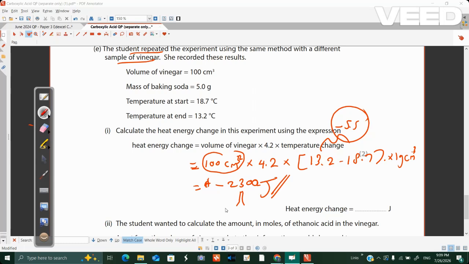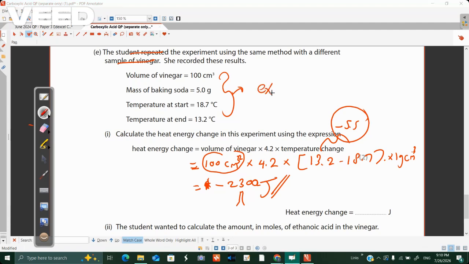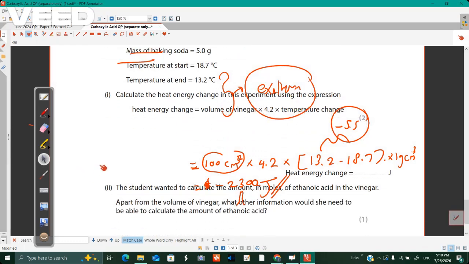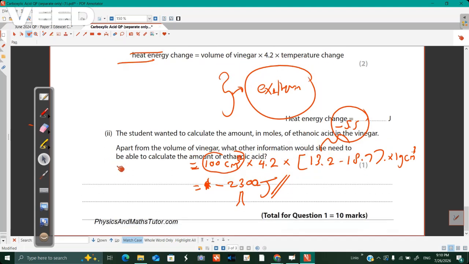Is that the value you got? So in the second experiment, this time she got it as exothermic. Previously it was endothermic, so it's a different method. So you must write in joules.